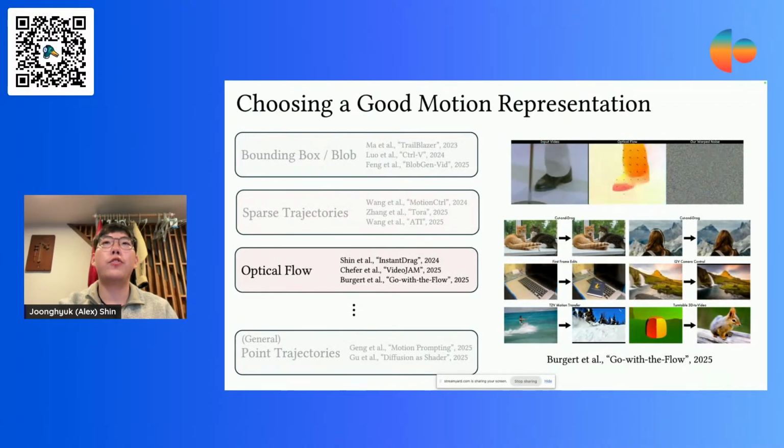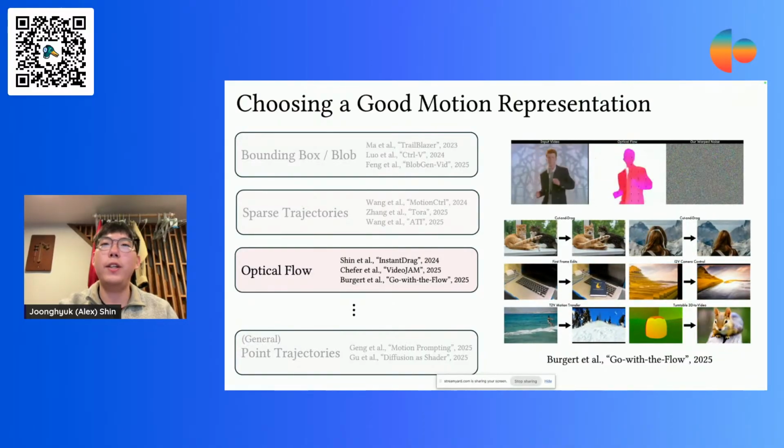And when you want to be super accurate, you can also condition the video diffusion models on optical flow, where optical flow is basically a per-pixel displacement between the frames. The good thing about this is you can control with extremely fine details. You can even control at the pixel level.